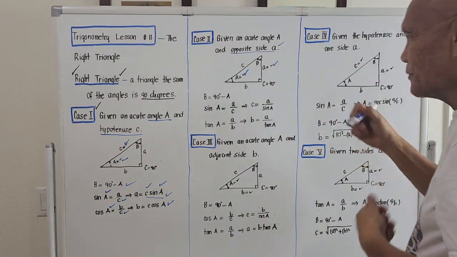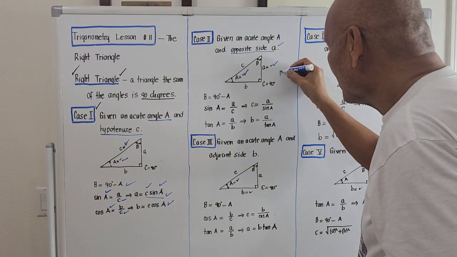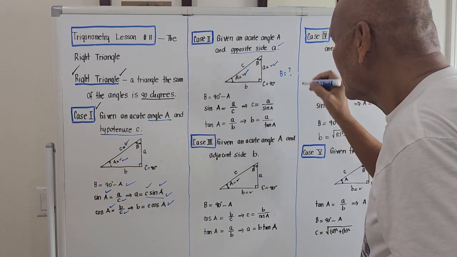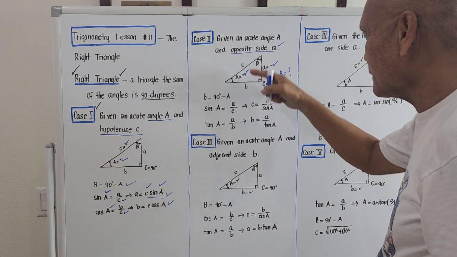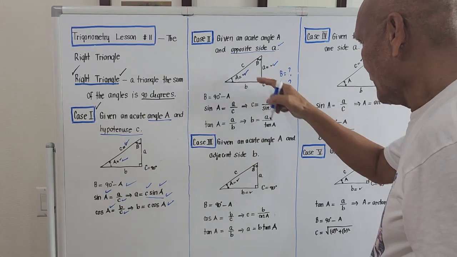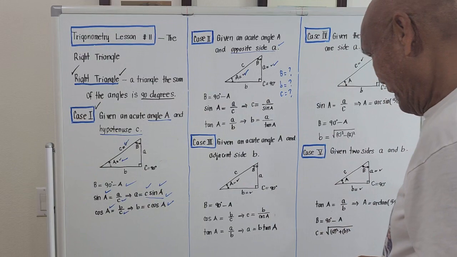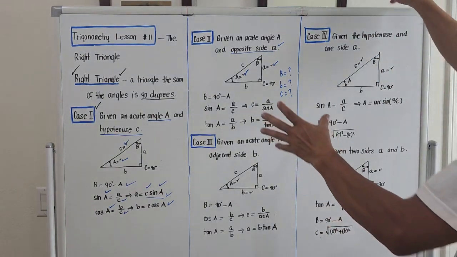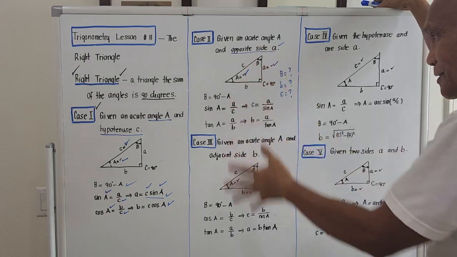So the problem is asking what angle B is equal to. What are the other unknowns? It should be side B and side C. What will be adjacent side B, and what will be hypotenuse C? So we are given 2, actually 3, because angle C is 90 degrees.